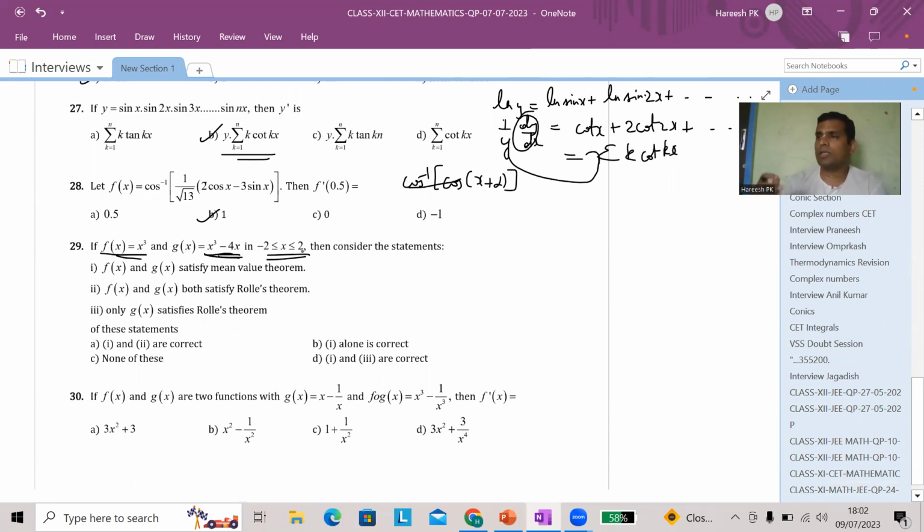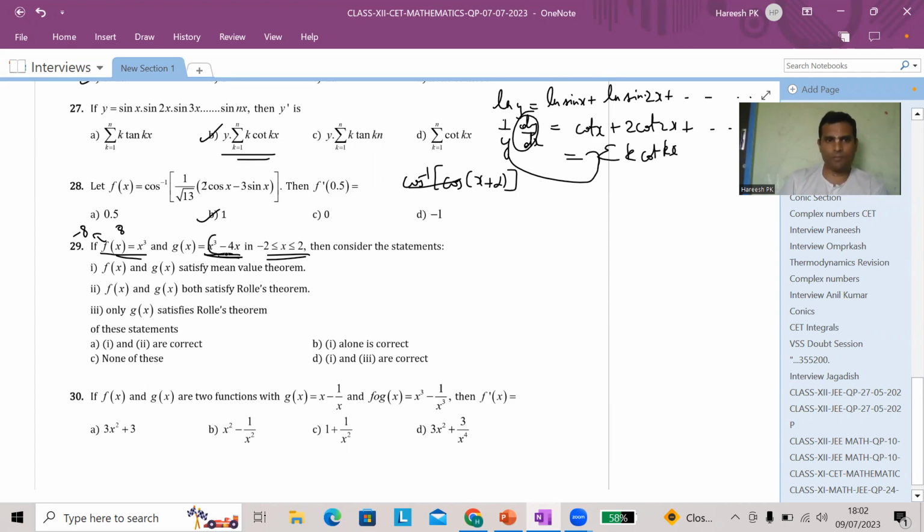Obviously, Rolle's theorem will be satisfied only if f of minus 2 and f of 2 both are equal, right? So let's calculate. f of minus 2 is minus 8 and f of 2 is 8. So obviously, Rolle's theorem won't be satisfied here.